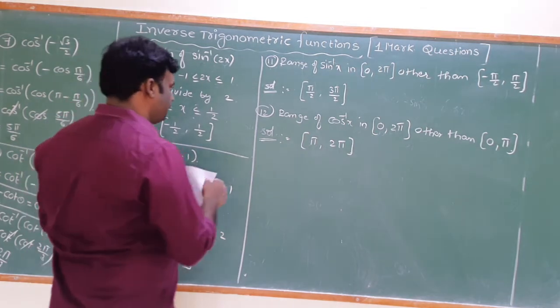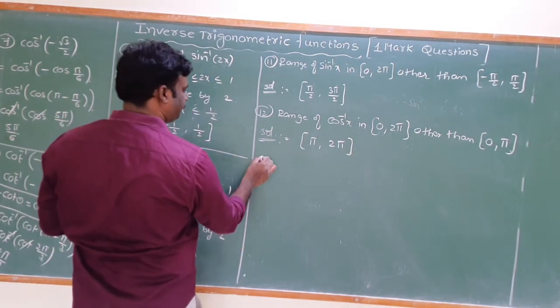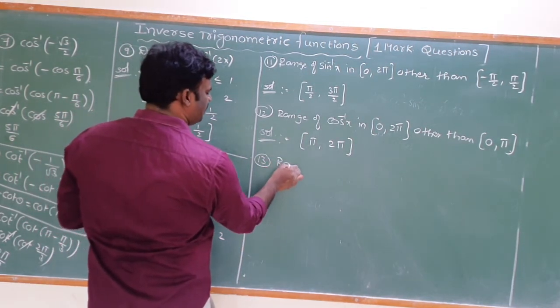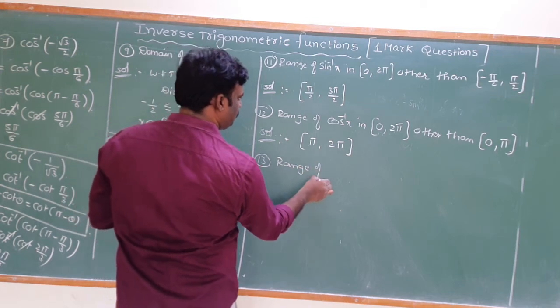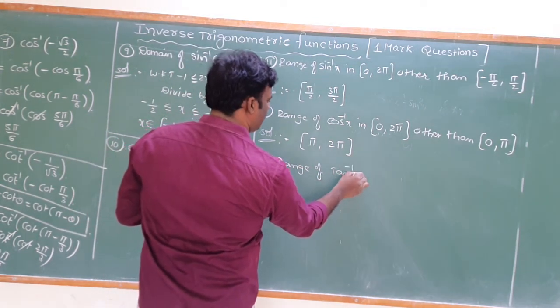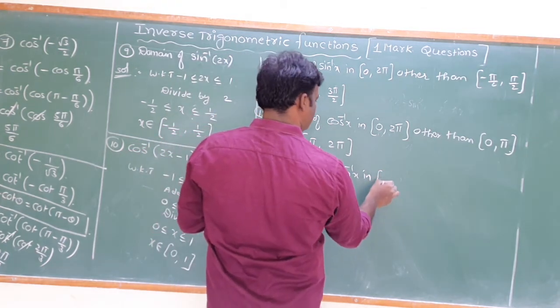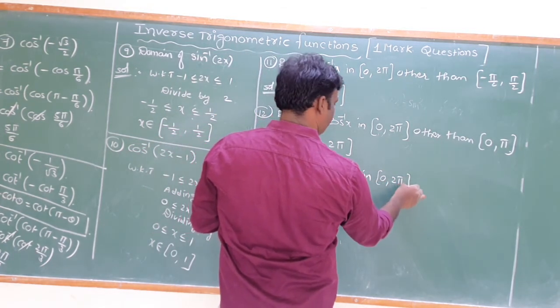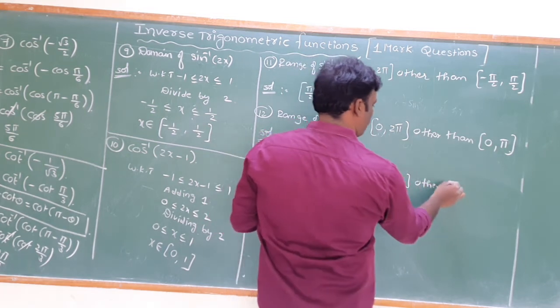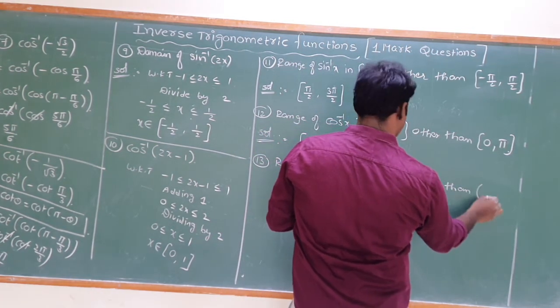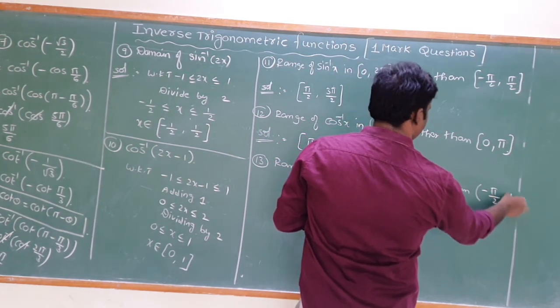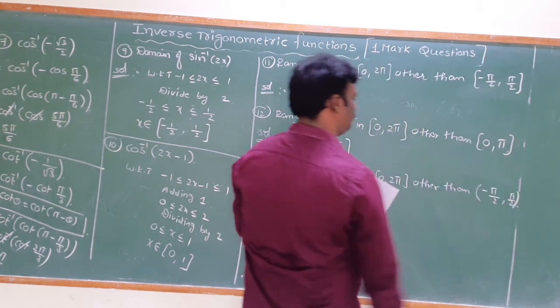Okay. Next, 13th: range of tan inverse x in 0 to 2 pi, other than minus pi by 2 to pi by 2.